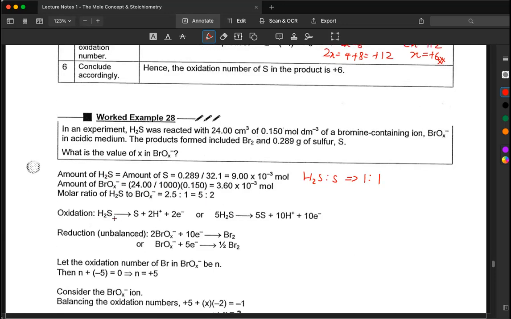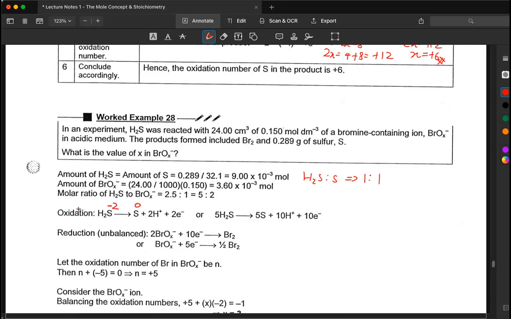Okay, so oxidation half equation: H2S becomes S plus, because it's acidic medium, to balance the H you put H plus here. There's no O, so don't care about water. And then 2e minus, with oxidation. Because H2S to become S is confirmed oxidation, because S is -2 and this one is 0.